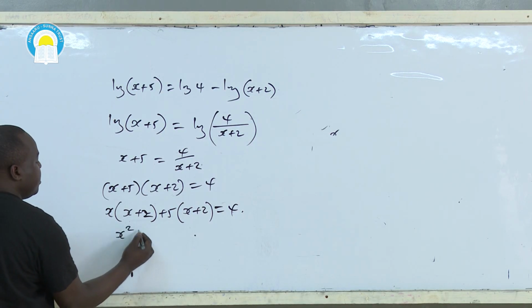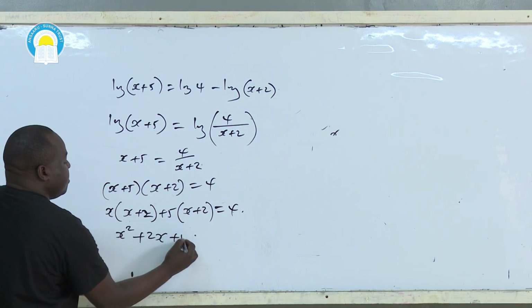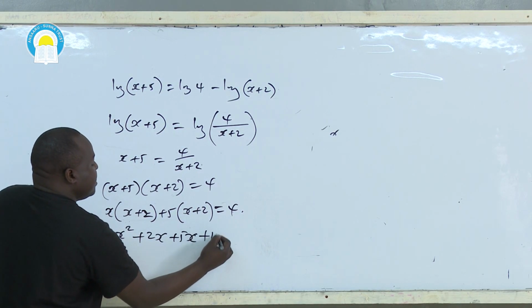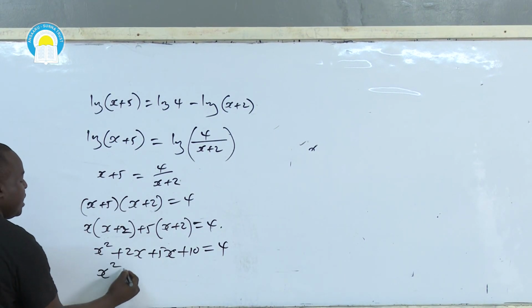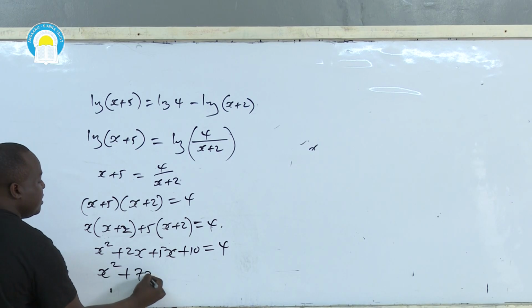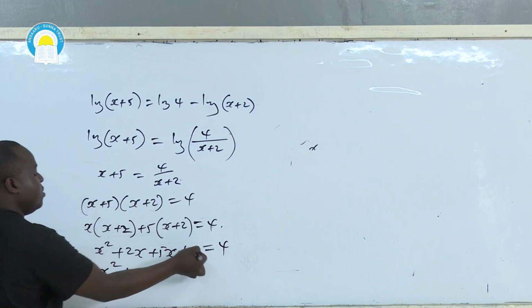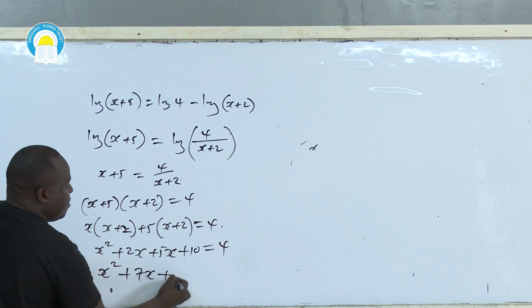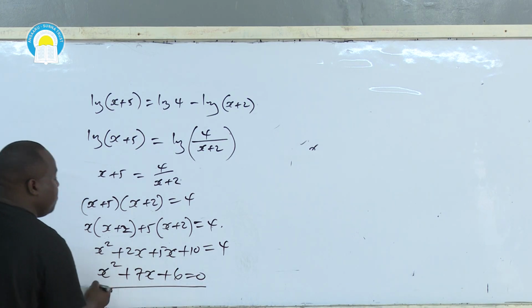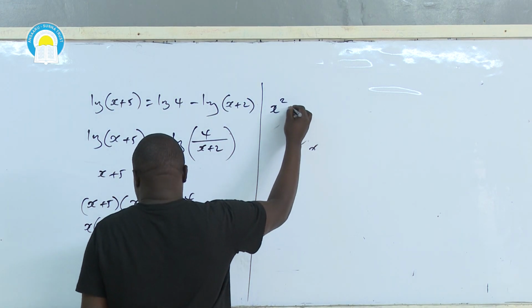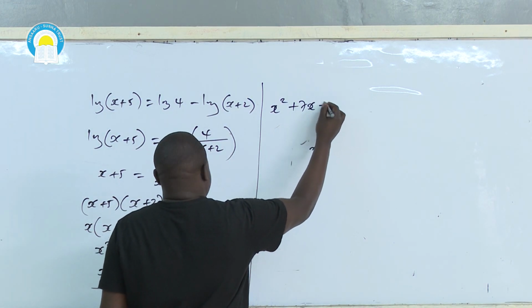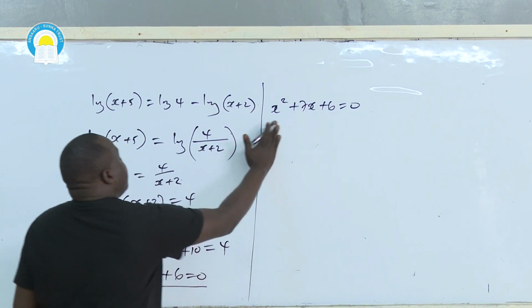This should be x squared + 2x + 5x + 10 equals 4. Collecting like terms, it will be x squared + 7x, and this on this side should be + 6 equals 0. So I have x squared + 7x + 6 equals 0.